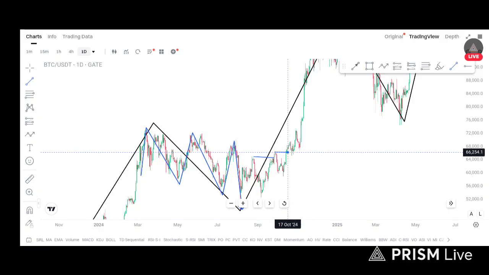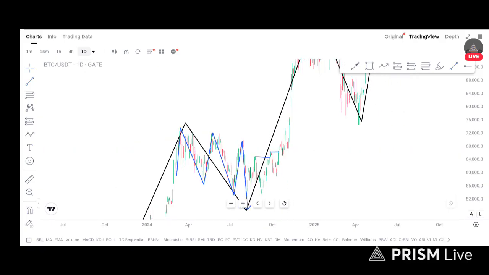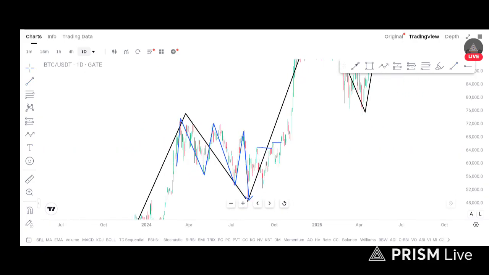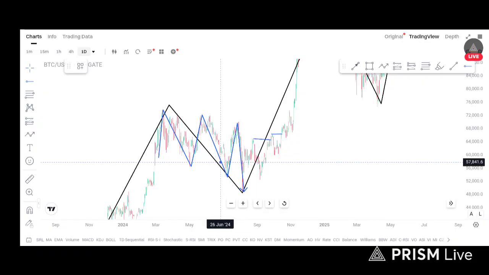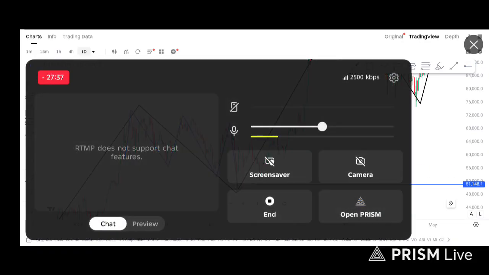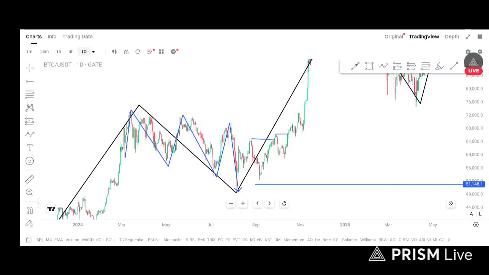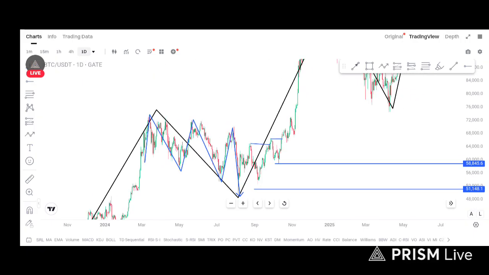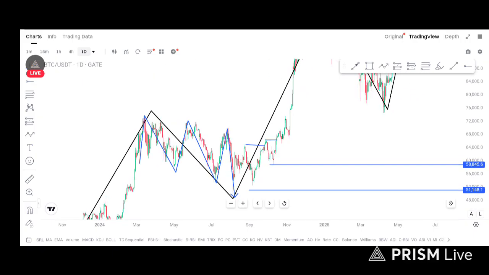Are you seeing that the market has started violating the highs and is now protecting the lows? This low was protected. This low was also protected. Are you seeing that it has started protecting the lows and violating the highs?